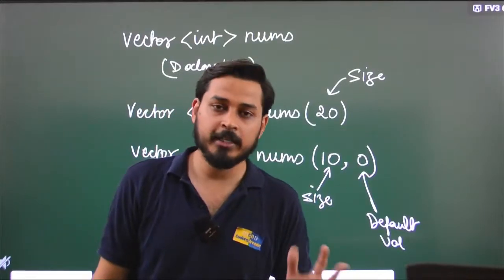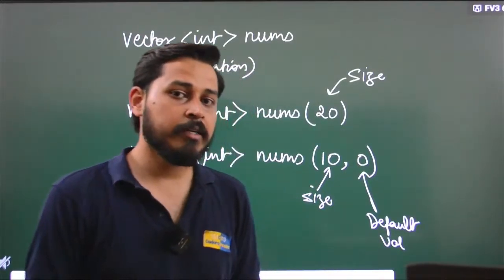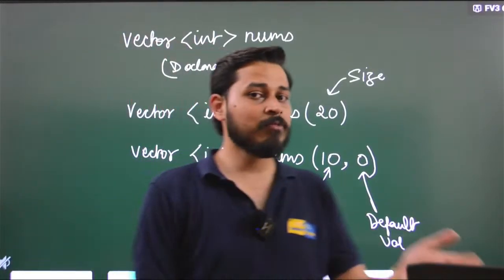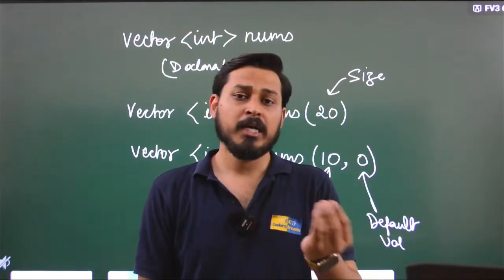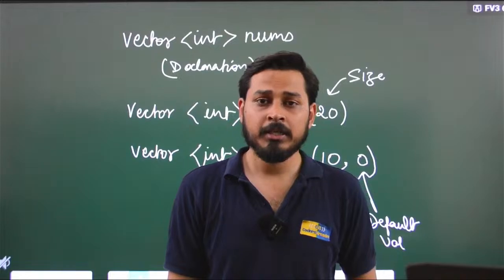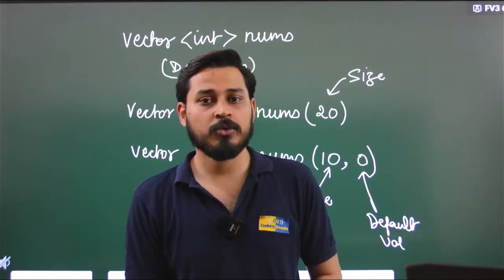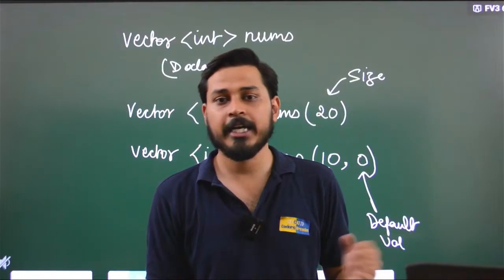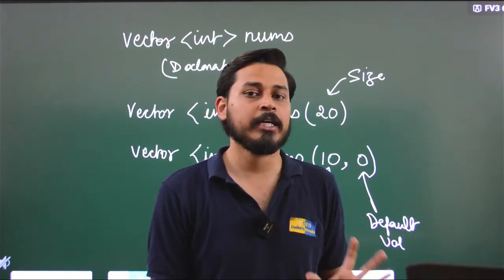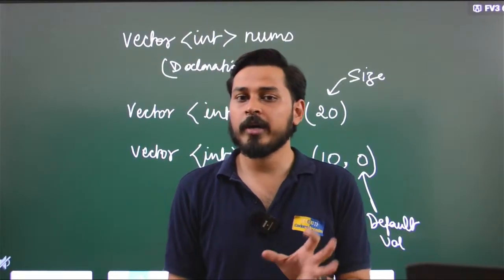Basically, in a nutshell, vectors are dynamic arrays, and you can give the size or you don't have to, that is fine. But if you know the size, it is better to give it so that it allocates that much memory only for the elements. If you don't know the size, of course it will be dynamic and automatically taken care of. That is what your vector is.